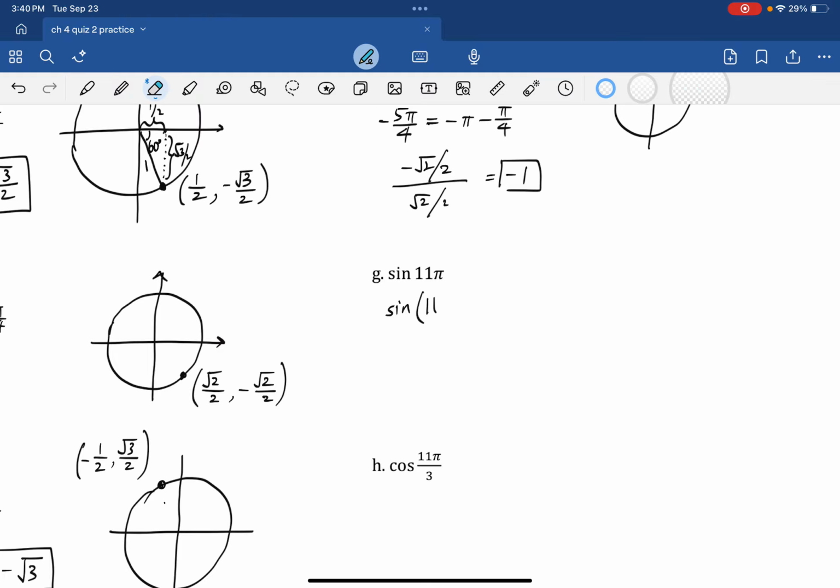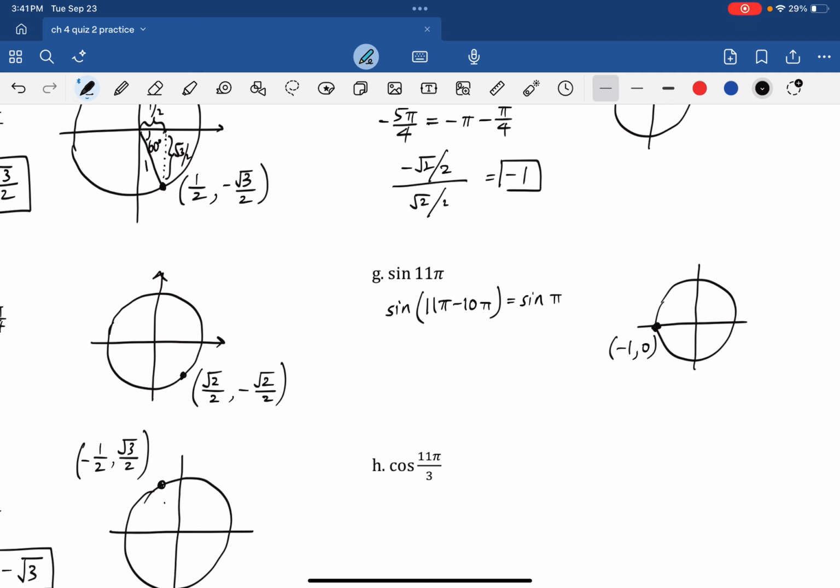Sine of 11 pi minus 10 pi doesn't change the value of sine, and this is just sine of pi. Okay, so we're going to draw our unit circle, and pi is right there. The coordinates of that are negative 1, comma 0. And so sine of pi is the y-coordinate, so our answer is 0.